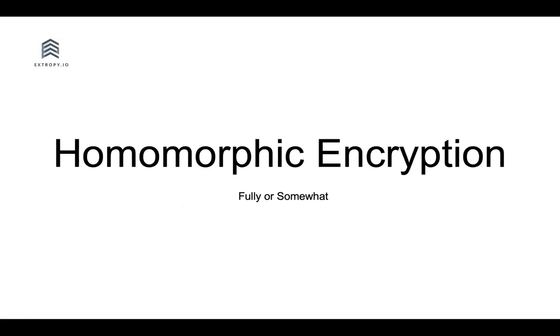The idea of fully homomorphic encryption is often described as the holy grail of cryptography, and people also talk about somewhat homomorphic encryption where the technology hasn't quite got there yet.